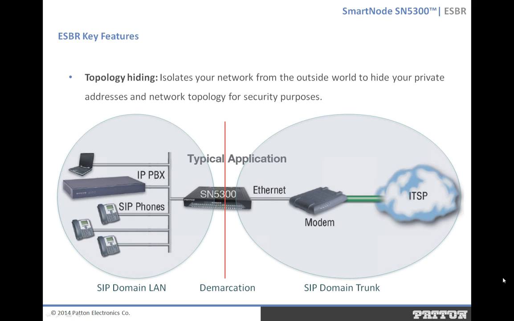So it's dividing the two networks, the SIP LAN side and the public side, going to the ITSP. So this is for interoperability, for security purposes, as well as for QoS, where the 5300 will make sure that all these aspects are being covered.